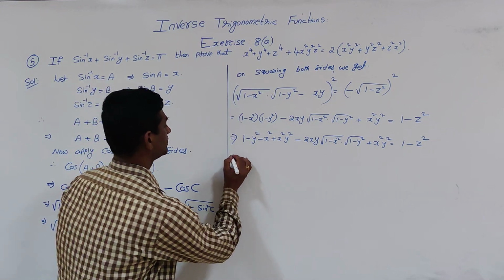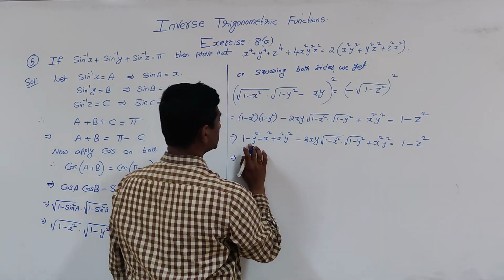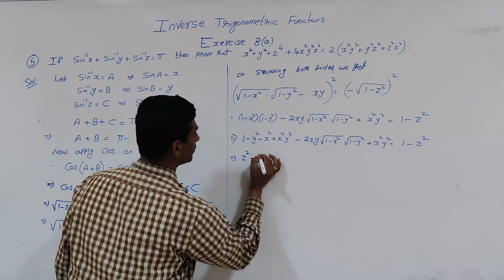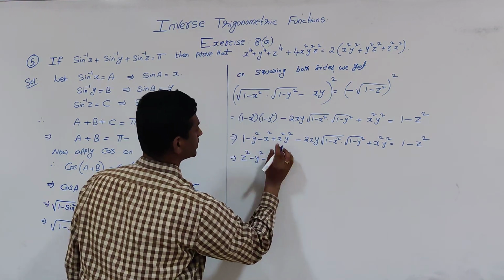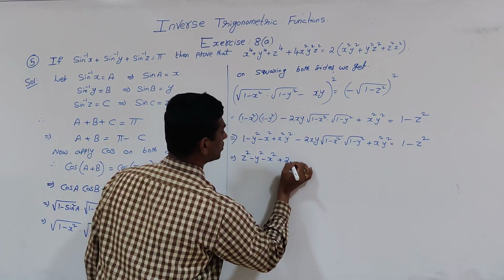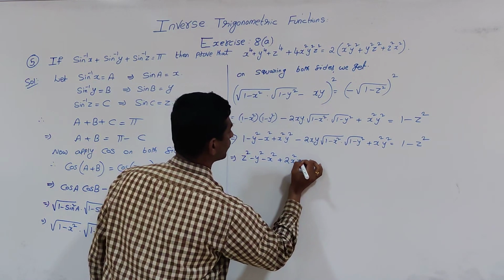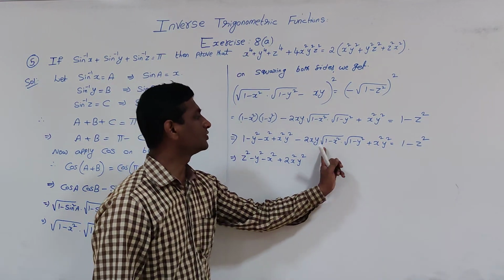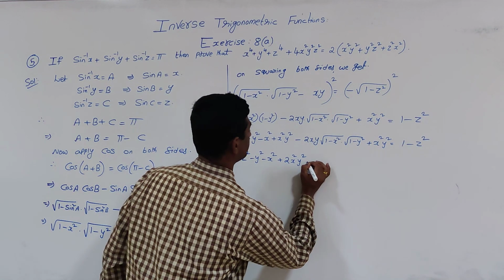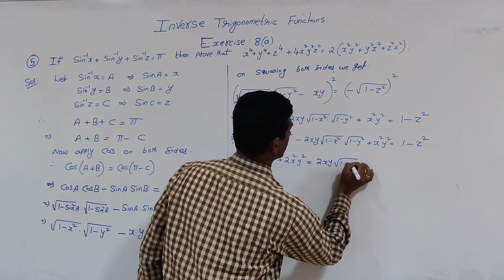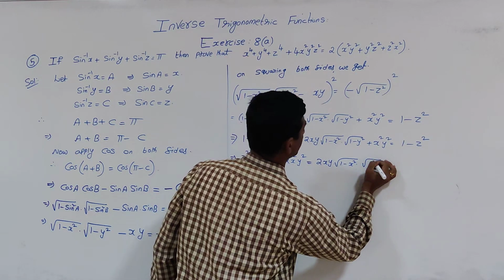So as 1 gets cancelled, it will be z square minus y square minus x square, minus x square y square plus x square y square. It will be 2 times x square y square, and this term will be left over, so take it to the right hand side. It will be 2xy into under root of 1 minus x square into under root of 1 minus y square.